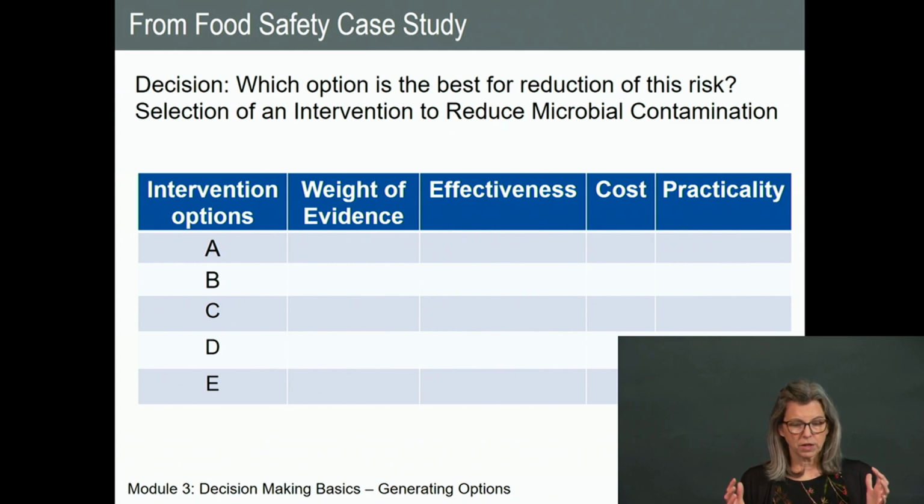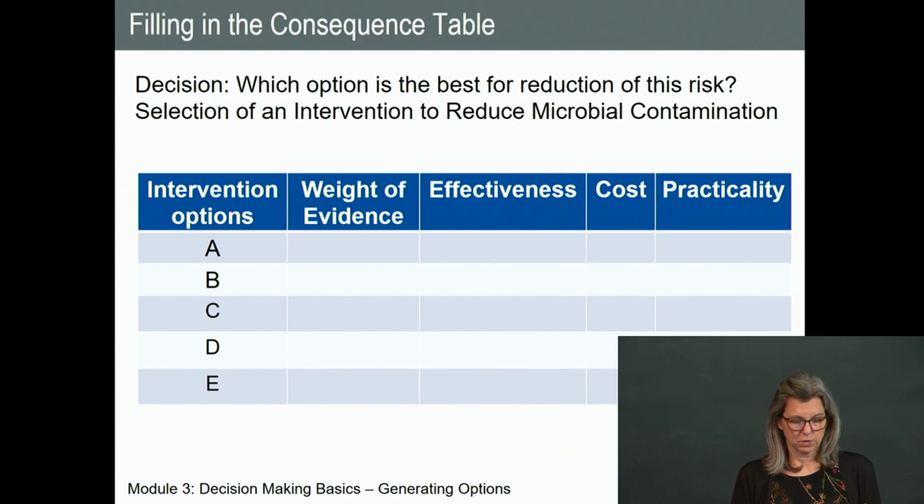So this is the consequence table that we're going to look at, and it shows the outcomes across the top and the different interventions down the side. What you would do to fill in the consequences is start looking at the data, the information you have, to fill these in. Once the outcomes and options are defined, you do this assessment of consequences.